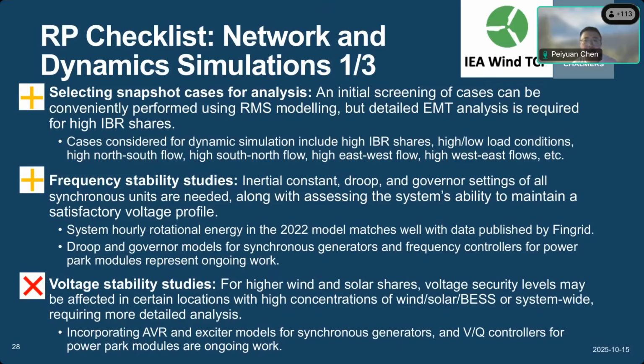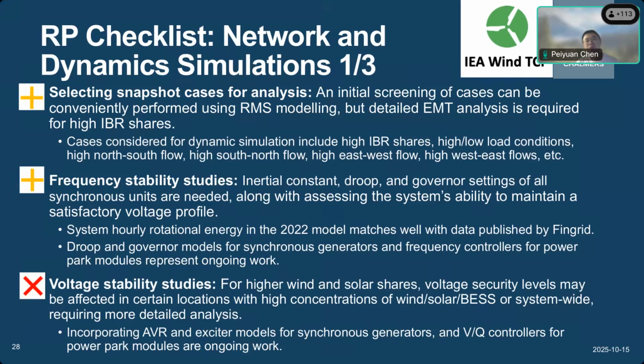So what we have been thinking at the moment is that the traditional high load and low load scenarios we will need to cover, and also high IBR shares, like high wind farm, HVDC and converters, other converter-based generation. These are important to consider.